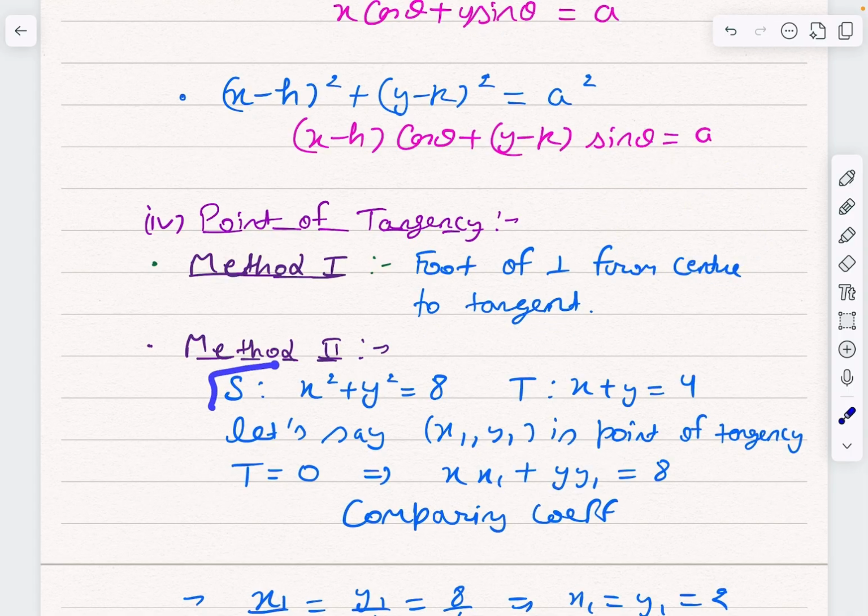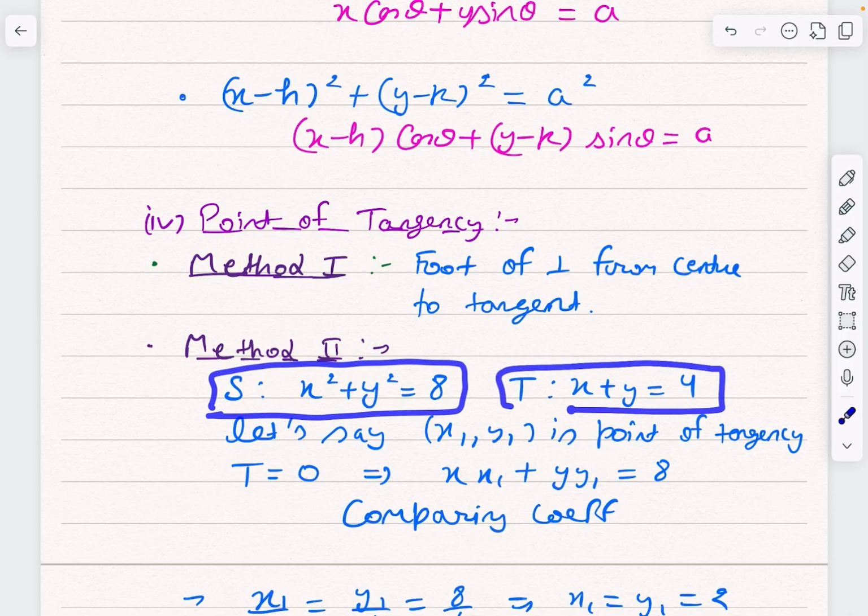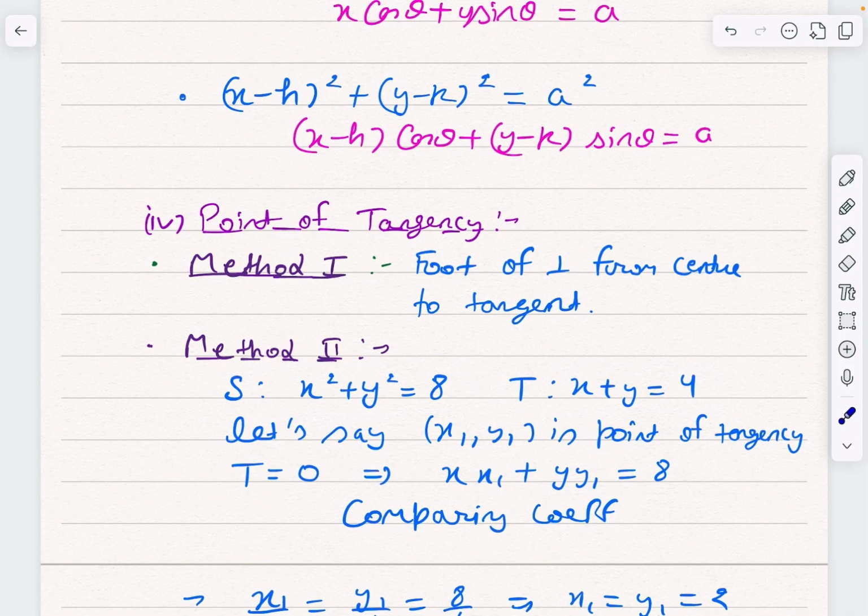Let us say a circle is x square plus y square equal to 8 and the tangent is x plus y equal to 4. I just assume that x1 comma y1 is the point of tangency or point of contact. If this is the point of contact, how can we write the equation of tangent? We can use T equal to 0. When you use T equal to 0, you get x1 plus y1 equal to 8.